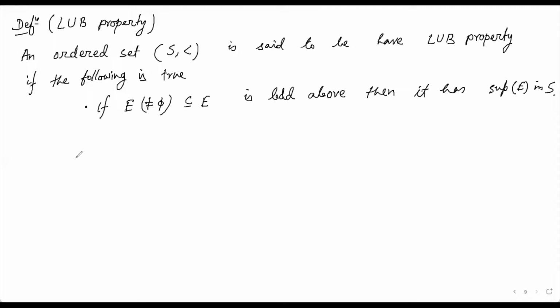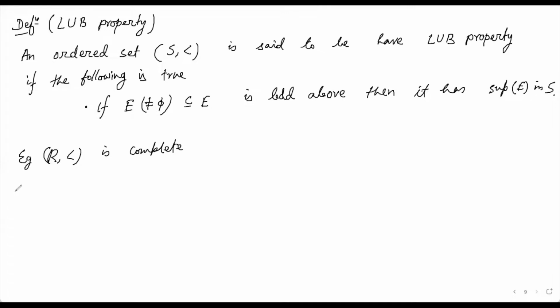For example, R is complete. So that is, it has the least upper bound property.